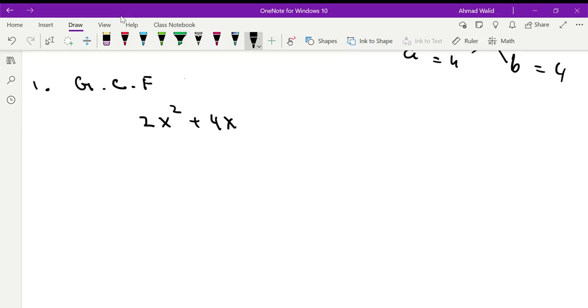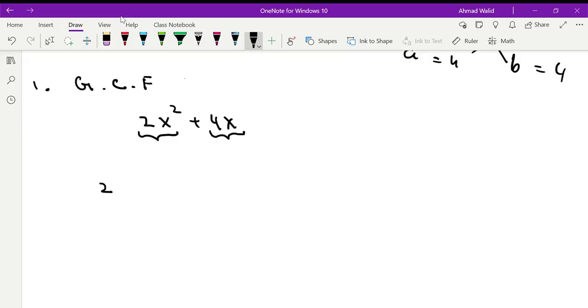The name explains everything to you. How to factor such a polynomial? In general, we call it a polynomial. What you do between the terms, for example, here I have two terms, is find the greatest common factor between the coefficients and also between the variables. The greatest common factor between 2 and 4 is 2.